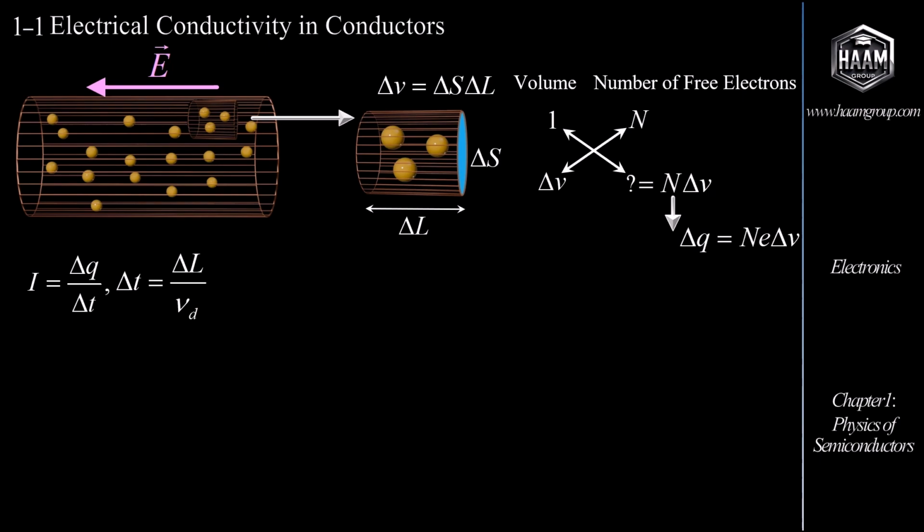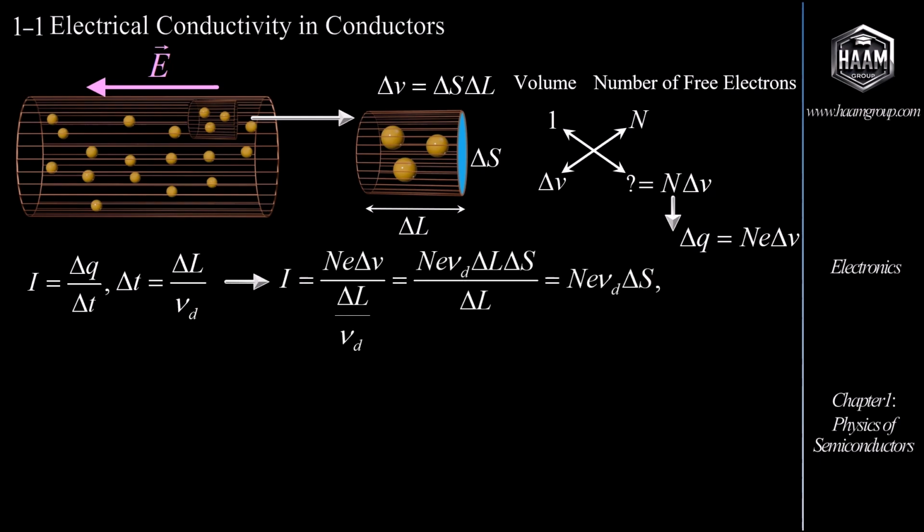Naturally, we can substitute this in, and after simplification, the current is obtained as I equals n e v_d ΔS. Current density is defined as the amount of current passing per unit area. So, we obtain the ratio I divided by ΔS from this relation.